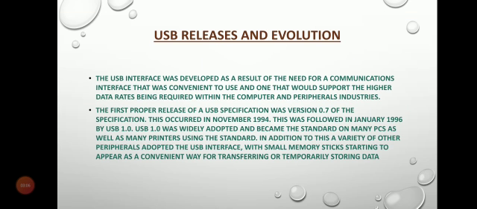The USB interface was developed as a result of the need for a communications interface that was convenient to use, and one that would support the higher data rates being required within the computer and peripheral industries. The first proper release of a USB specification was version 0.7, in November 1994.